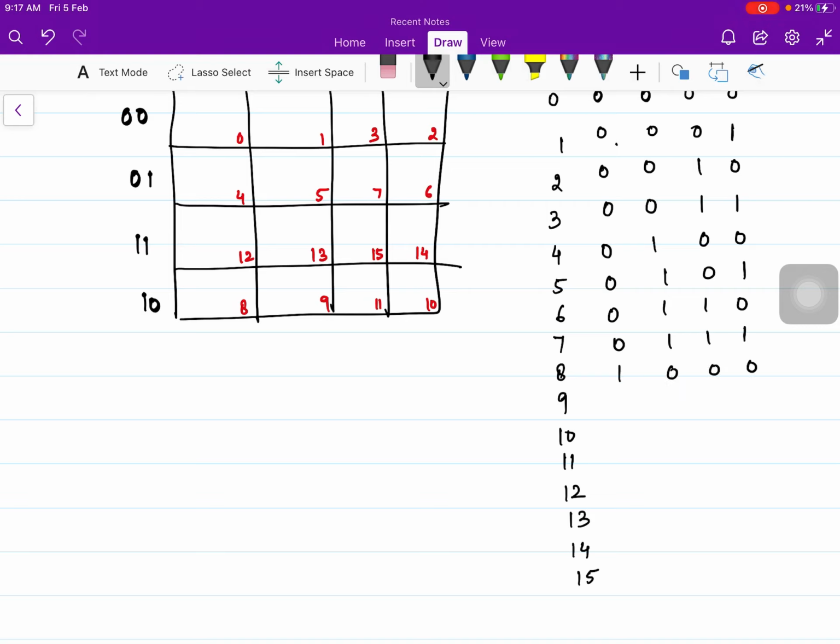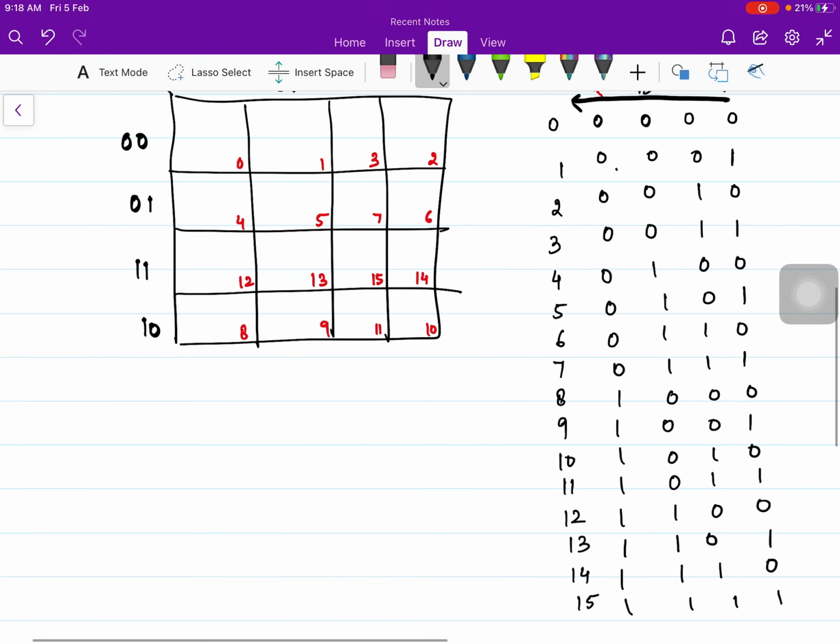For 8 you will only put 1 under 8. For 9 you will put 1 under 8 and 1. For 10, 1 under 8 and 2. For 11, 1 under 8, 2 and 1, because 8 plus 3 will give you 11. For 12, 1 under 8 and 4. For 13, 1 under 8, 4 and 1. For 14, 1 under 8, 4, 2. And for 15 you will put 1 under all of 8, 4, 2, 1, which gives a sum of 15.